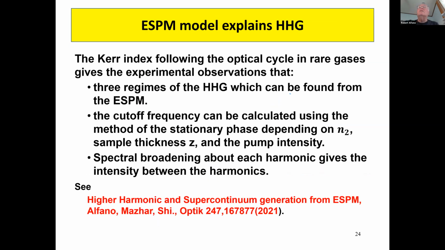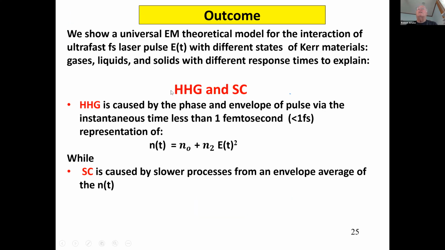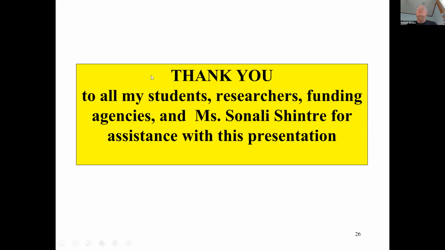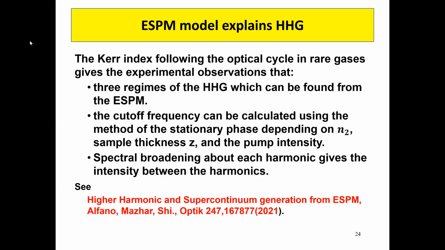So in conclusion, I guess one could explain HHG from the Kerr effect responding to the optical cycles of the laser. So it has to respond to the optical cycles of the laser. So the key is the Kerr index following the optical cycles in rare gases and solids.